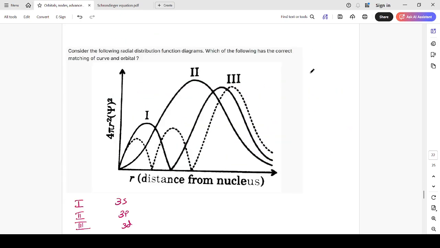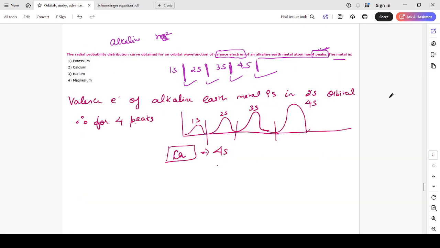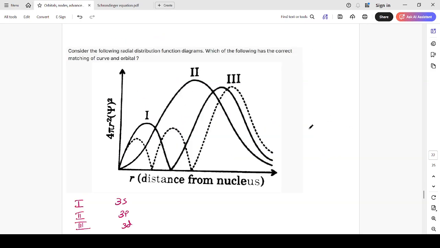Considering the radial distribution diagram, which of the following matching curves do you have with respect to the orbital here? Given 3 curves here, curve 1, curve 2, curve 3, match it up.